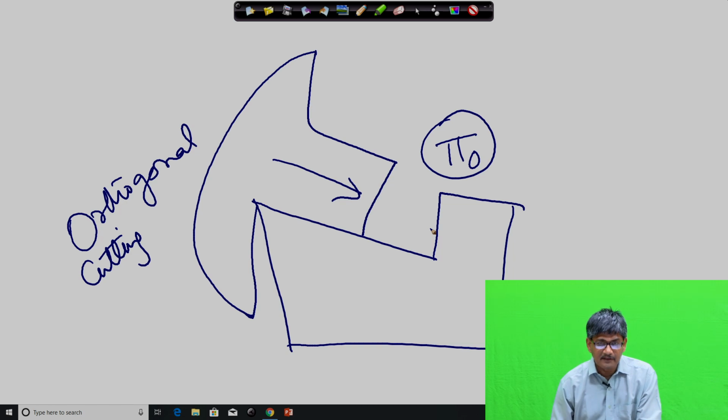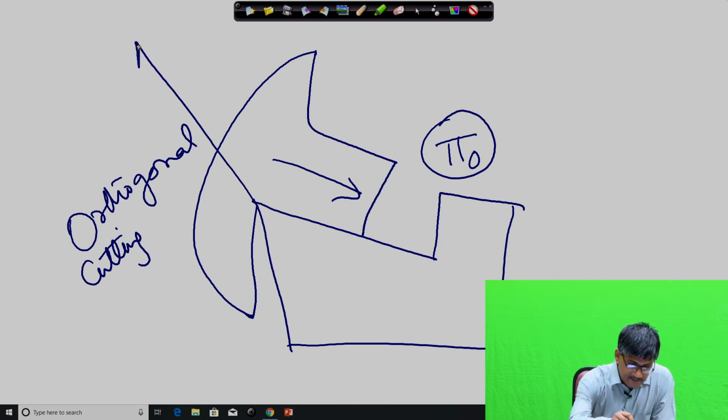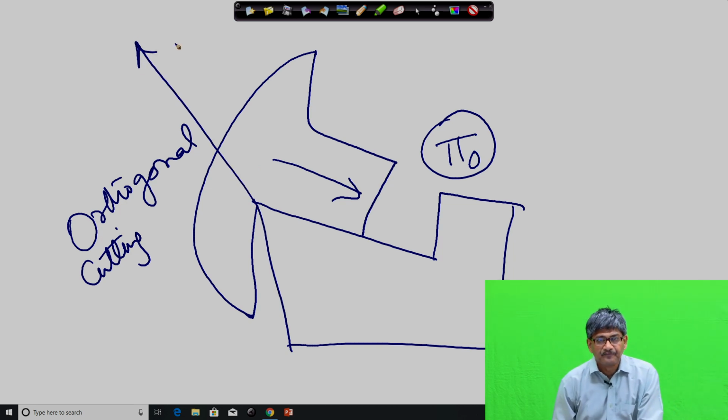In orthogonal cutting, since the chip does not deviate away from this plane, its velocity is completely contained in the orthogonal plane. Therefore, all the forces which arise, they are on the orthogonal plane only. So, the full forces, they are here. So, I can draw the force somewhere like this, say for example, this is the force I claim.